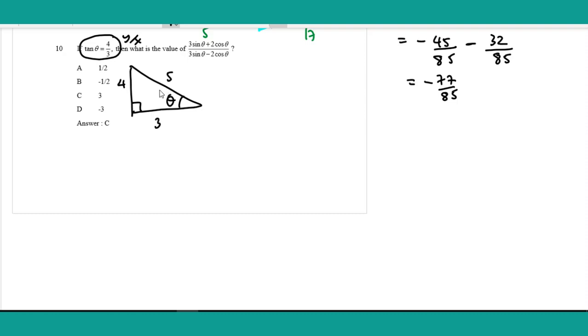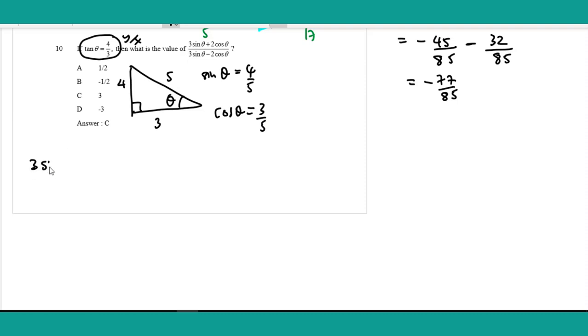Pythagoras theorem. So sin theta is 4 over 5, y over r. Cos theta is equal to x over r, 3 over 5. Substitute.